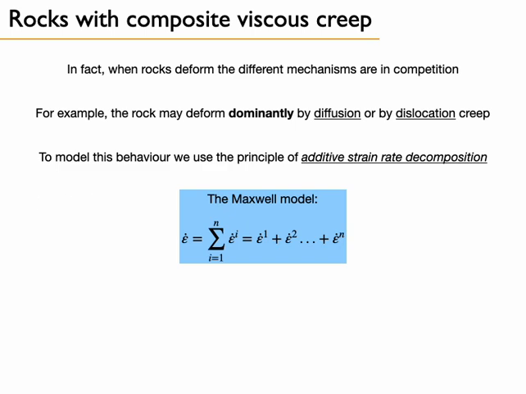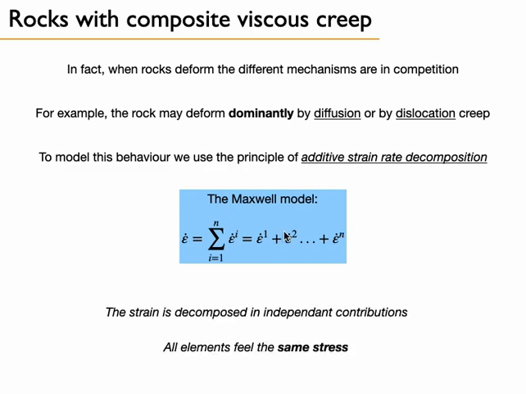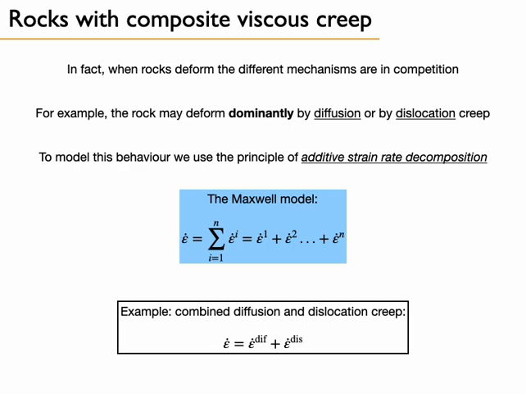What is important to know about this model is that deformation mechanisms have different strain rates, but each of these elements, the diffusion creep element, the dislocation creep element, and so on, all feel the same macroscopic stress. So we have different strain rates, but the same stress.